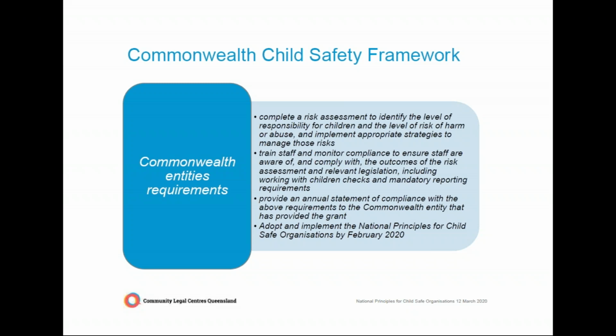The framework requires those entities to complete a risk assessment to identify the level of responsibility for children and the level of risk of harm or abuse, and implement appropriate strategies, train staff and monitor compliance to ensure staff are aware of and comply with the outcomes of the risk assessment and relevant legislation, including working with children checks and mandatory reporting requirements, provide an annual statement of compliance, and adopt and implement the national principles by February this year.